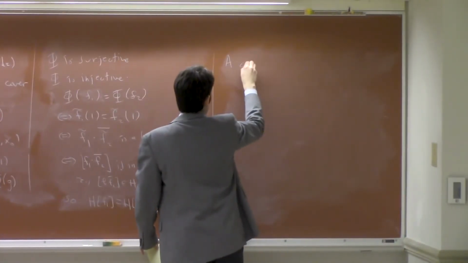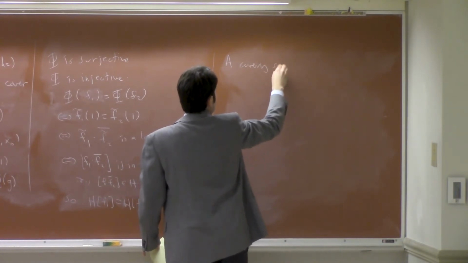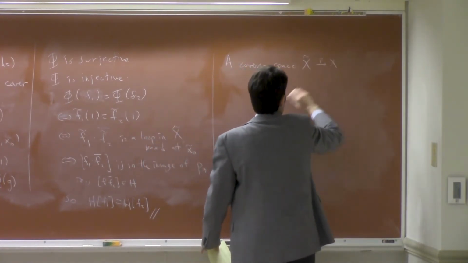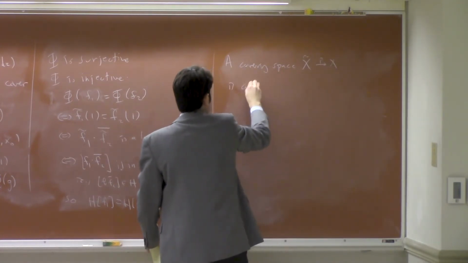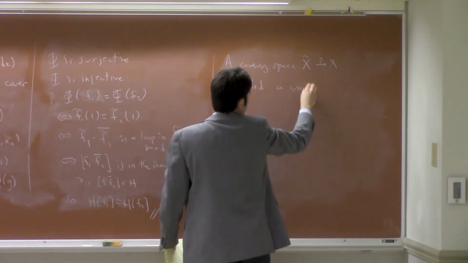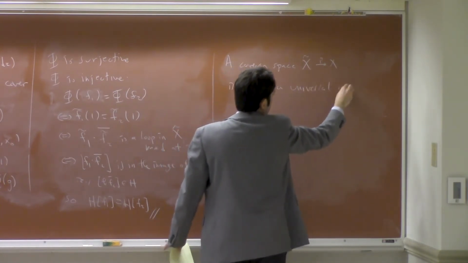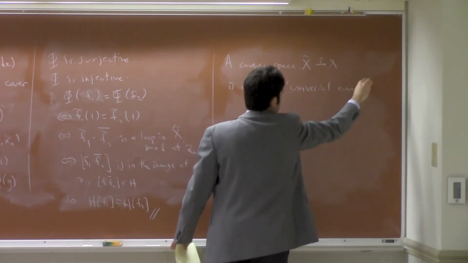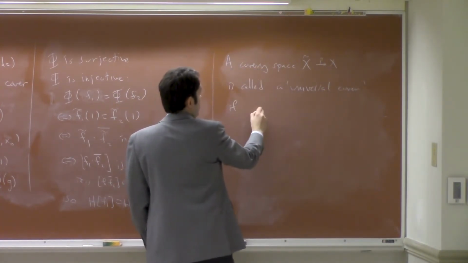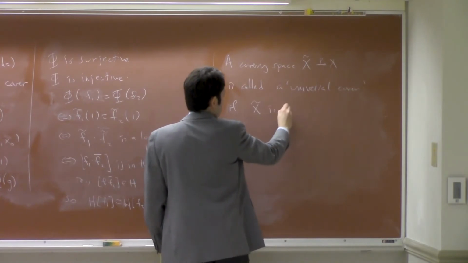A covering space is called a universal cover if x tilde is simply connected.